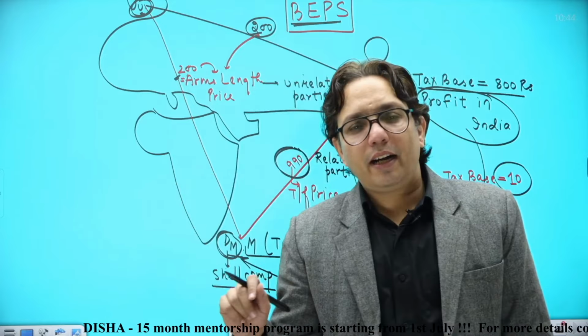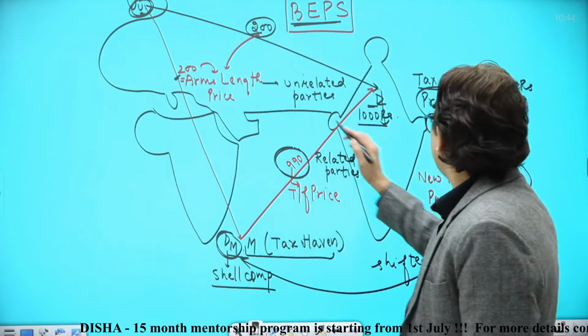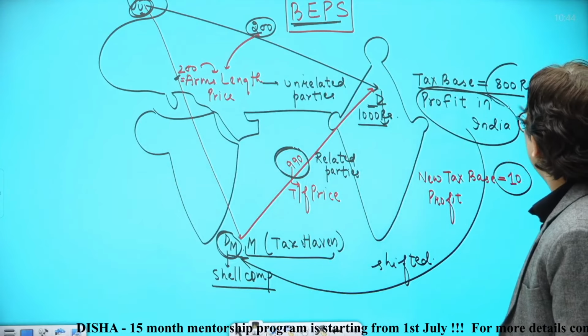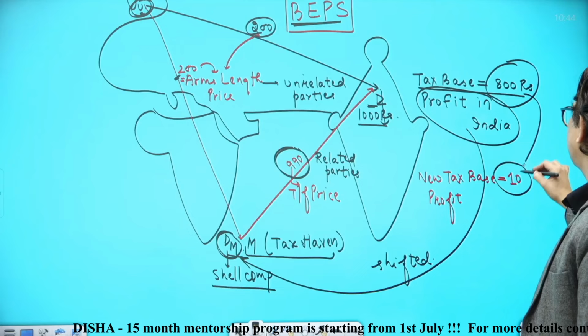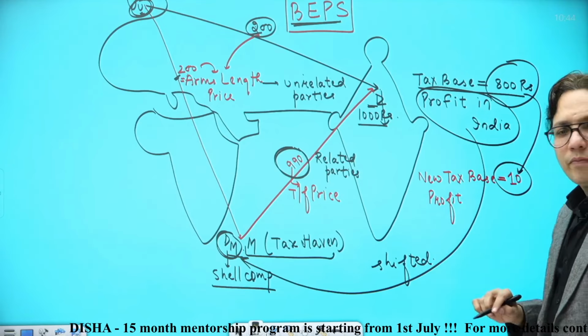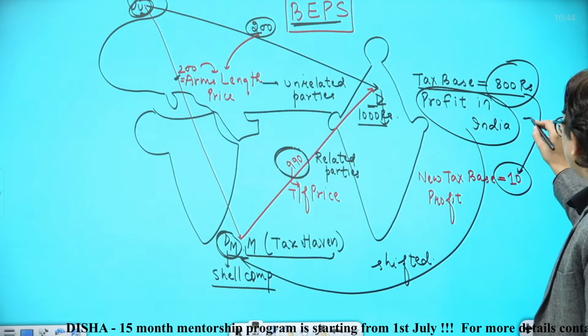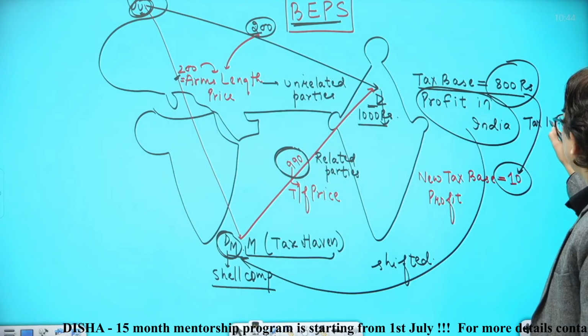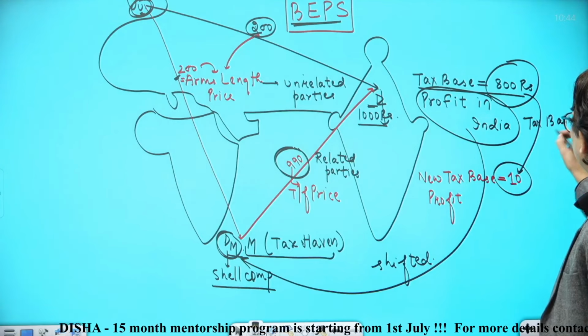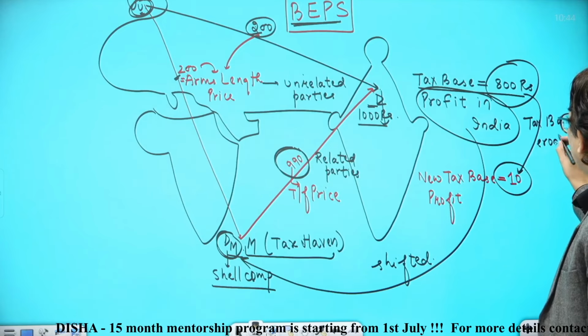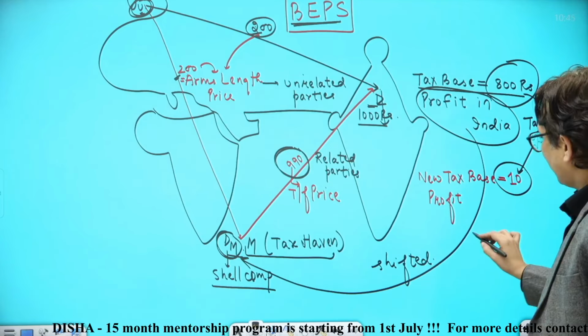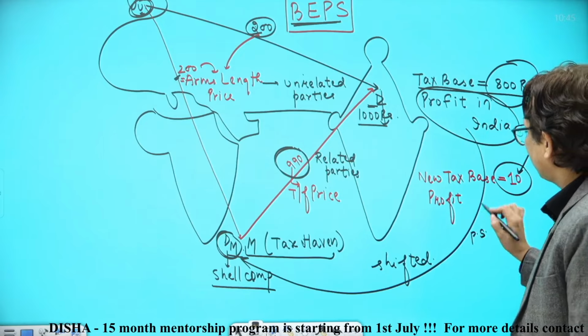For Indian tax authorities, the tax base which was 800 has become only 10 rupees. Can I say that for Indian tax authorities the tax base has eroded and the profit has shifted to another country? This is profit shifting.